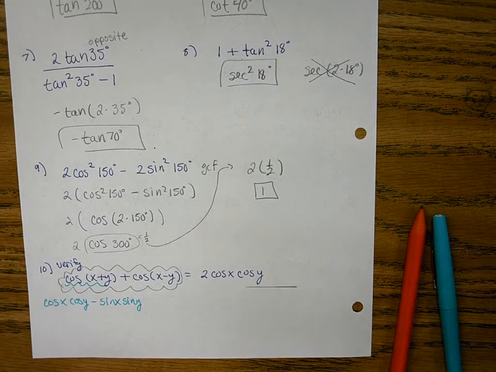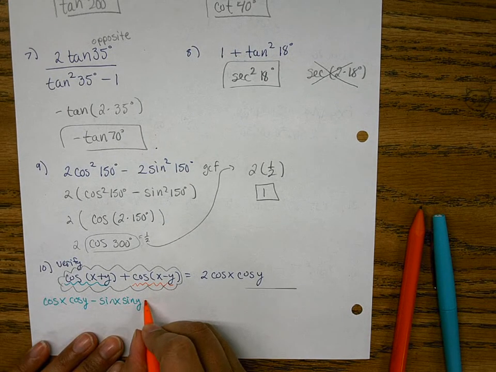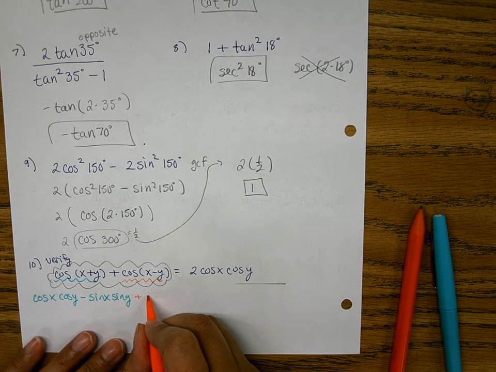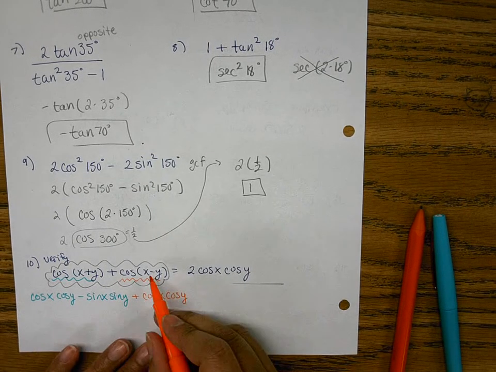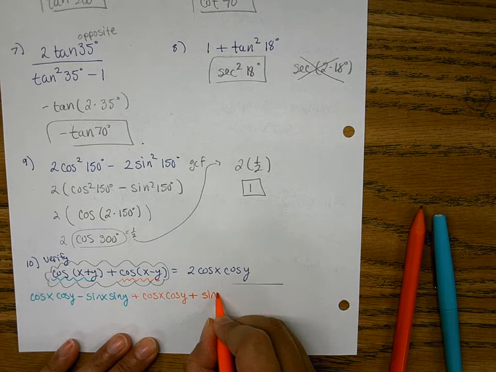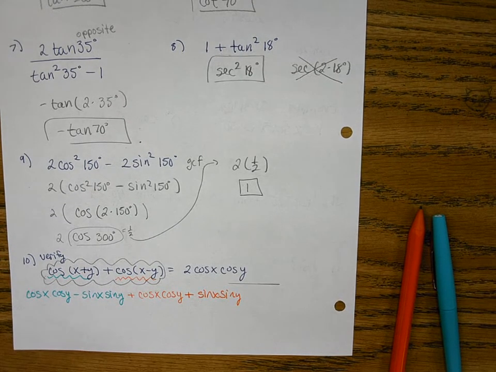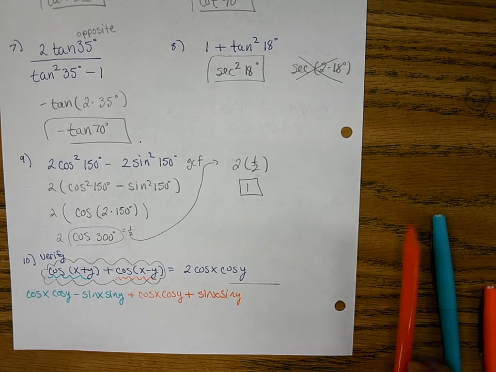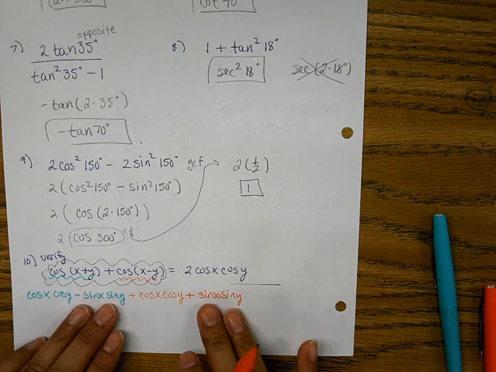All right, next one, because it's a plus sign, I don't have to worry about distributing anything. I can just write plus, and then again expand cosine x cosine y. Opposite sign is now plus sine x sine y. And we do have some like terms. It looks like this one right here is going to cross out.